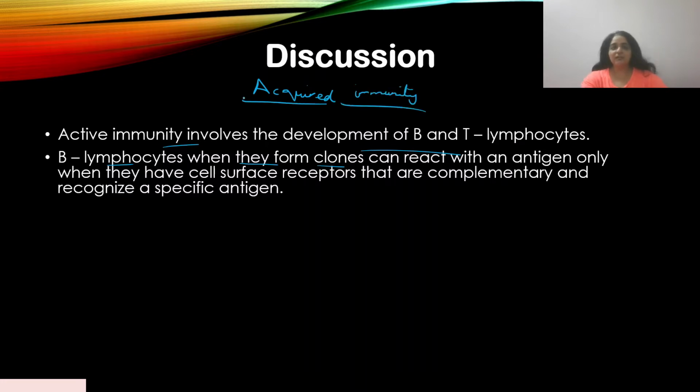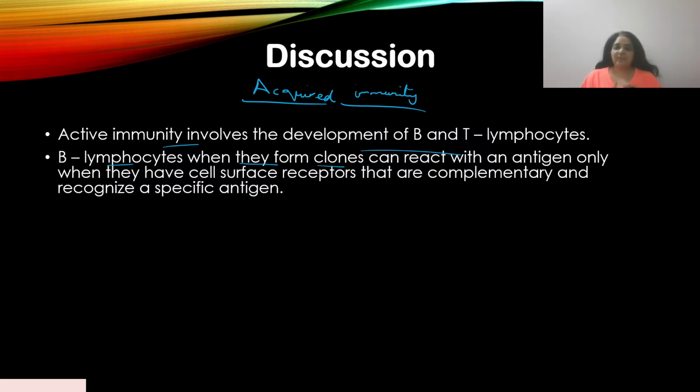Now, in that, active immunity is when a live or an attenuated virus or a pathogen, bacteria, whatever, enters your system, and these B and T lymphocytes get activated. They see that the antigen does not belong to you, so they become specific for that particular antigen. T lymphocytes will attack it, or B lymphocytes will eventually form plasma cells, which then form antibodies.